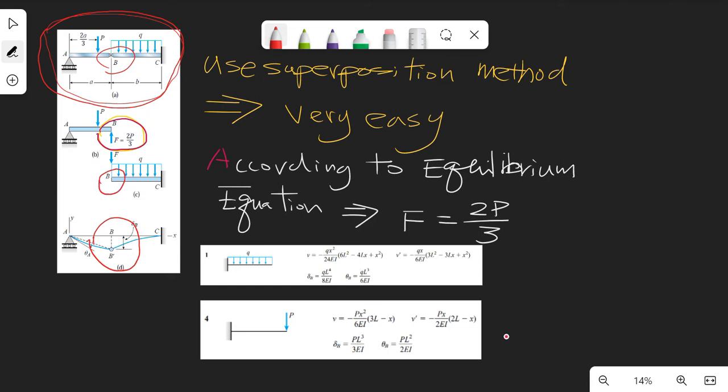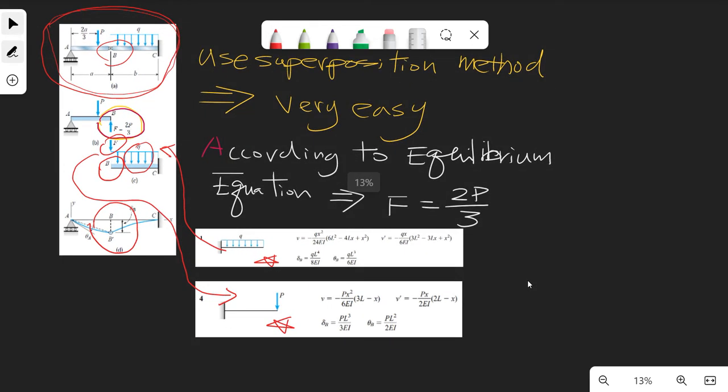This table is for a distributed load, and the other is for a concentrated load. So we can use these two tables to do the calculation.